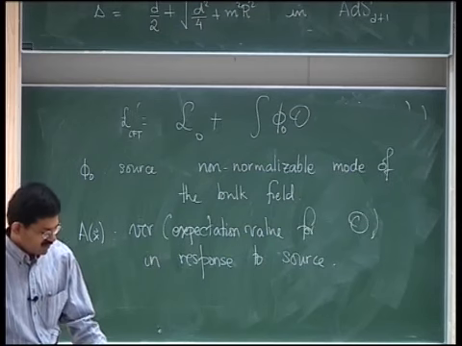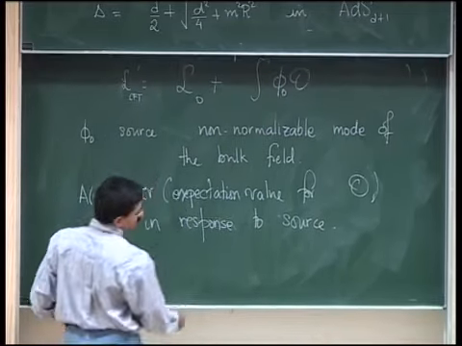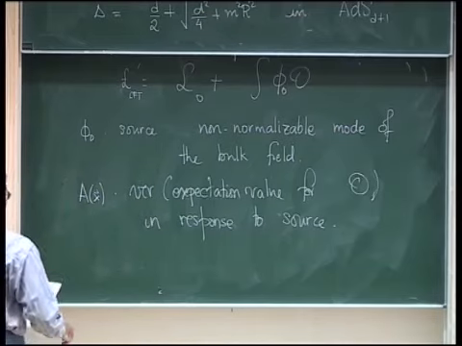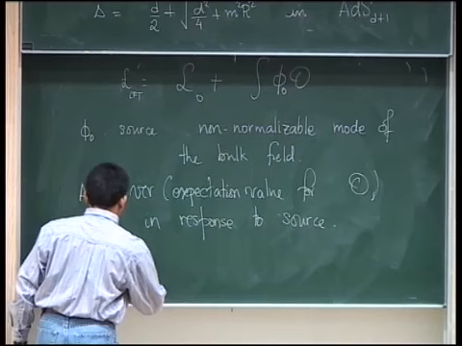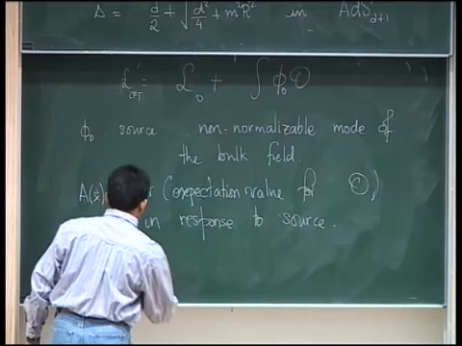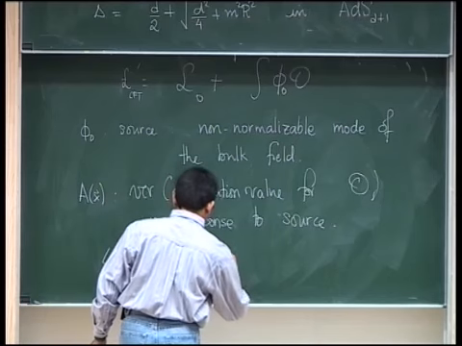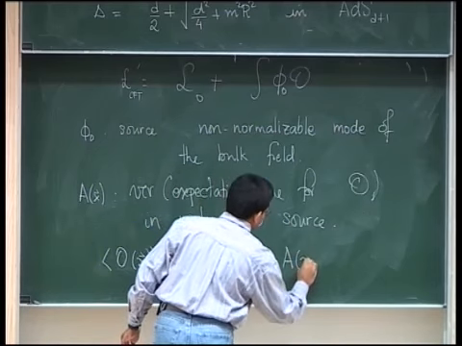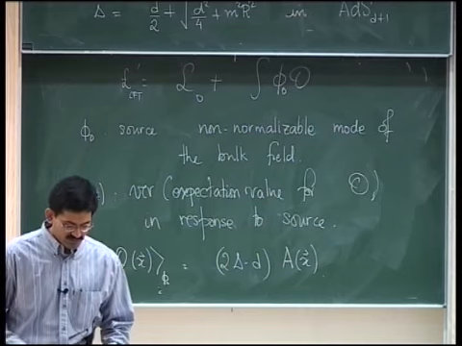And there's a very simple relation between the source and the wave. In fact, the wave of the operator O in the presence of phi naught is nothing but A, up to some normalization, which I've introduced to make some things nicer later.